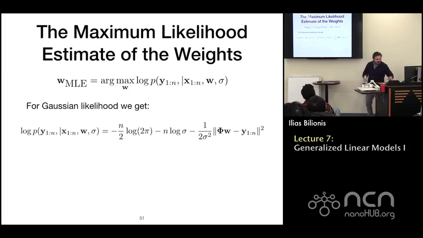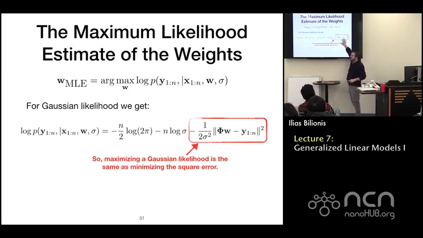And if you pay close attention, what you see here is the square loss. You see the square loss there? So if you maximize the likelihood with respect to W, you are actually maximizing this quantity. If you get rid of this minus sign, you are minimizing this quantity.